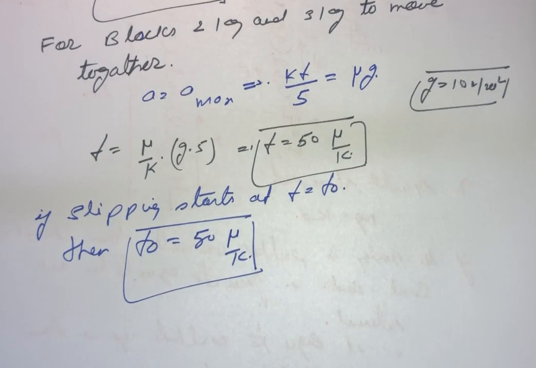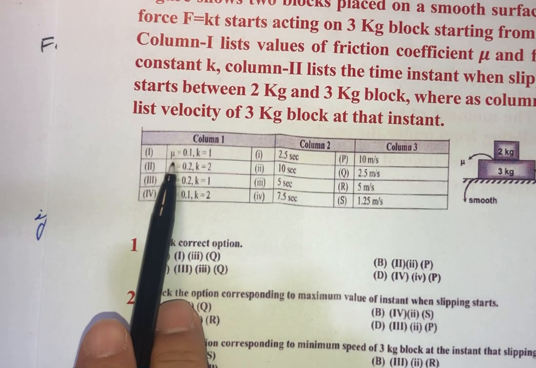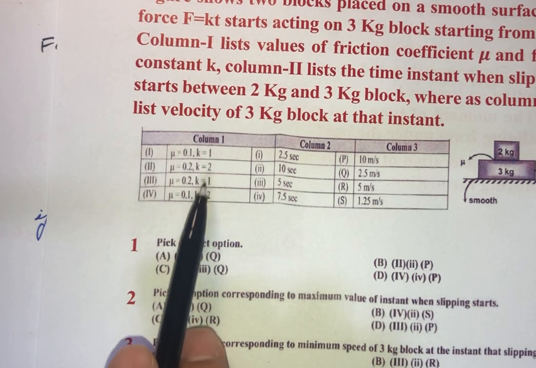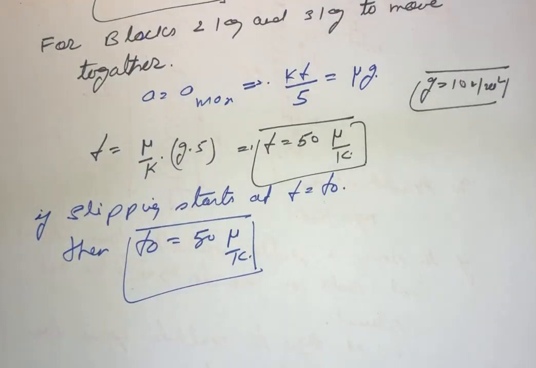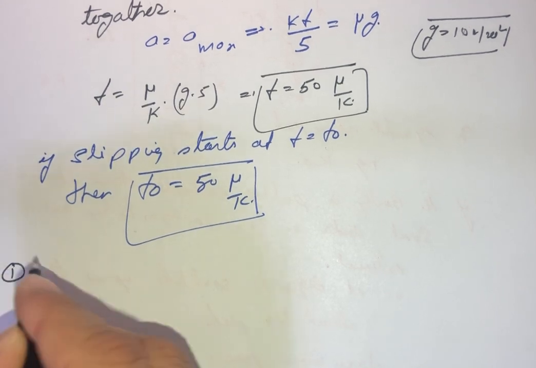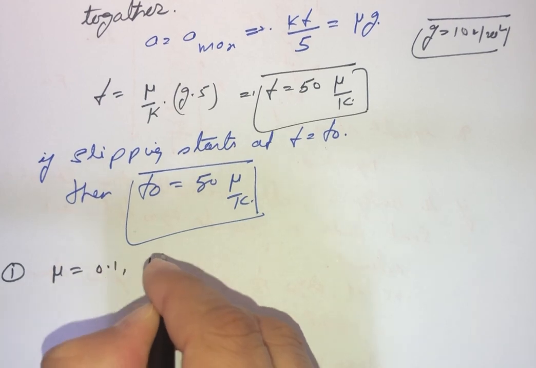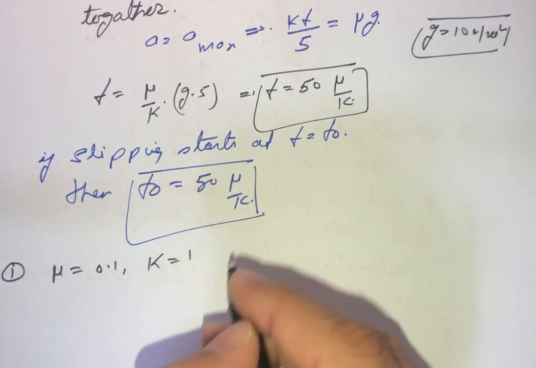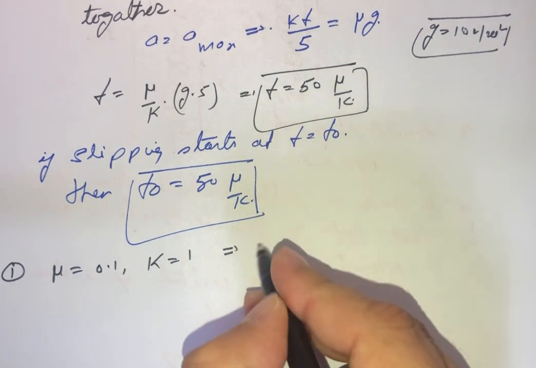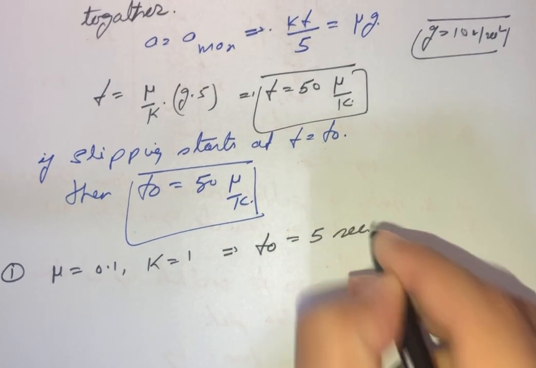In table 1 we are given various values of mu and k. For every value of mu and k we are going to find t naught. The first value of mu is 0.1 and k is 1, so using this equation t naught comes out as 5 seconds.